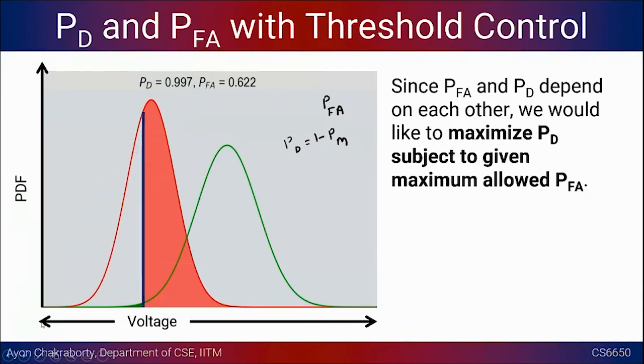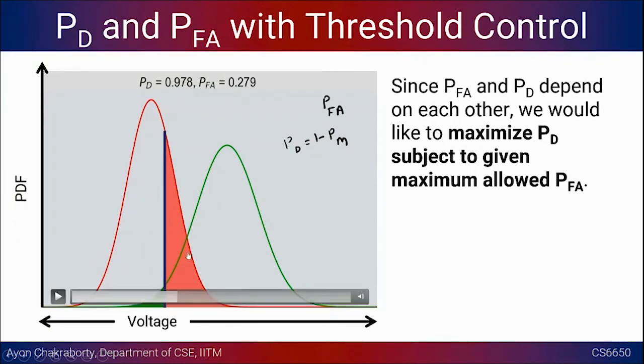So see, as I change the threshold, the value of the green portion, the value of misdetection, starts increasing slowly. And on the right hand side, the red part, the false alarm, is also decreasing, right? And the value of probability of detection, PD, is this big thing that is on the right hand side of the threshold bar in the green curve, right?